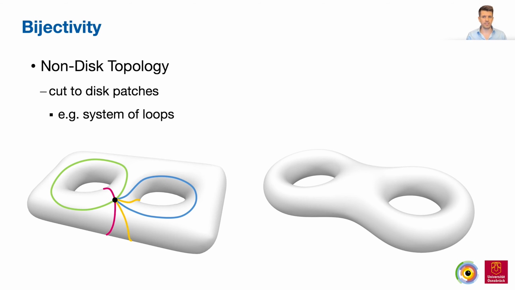For a genus G surface, we can choose 2G such loops, such that they cut the surface topologically to a single disk patch. When then mapping the cut surface to the plane, for instance, such that the cut along each loop has a straight image, we get a polygon domain like this. This is also referred to as fundamental polygon.